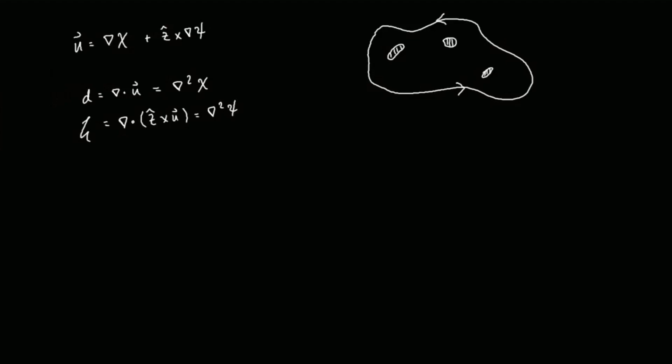Put a little arrow here to indicate what we call positive direction. So this guy's got outward pointing normal, n hat along the boundaries, and a tangent vector along the boundaries. Okay, n hat and t hat.